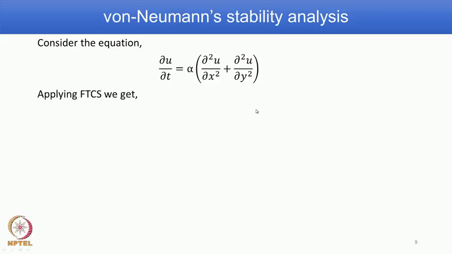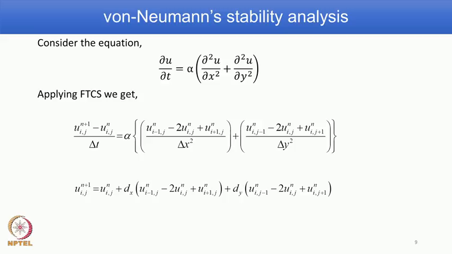We apply again the forward in time, central in space scheme to this 2 dimensional equation, and we get the final expression as shown here. So, forward in time is on the left hand side, n plus 1 and n appear, and on the right hand side we have central in space now applied for the x direction as well as the y direction.